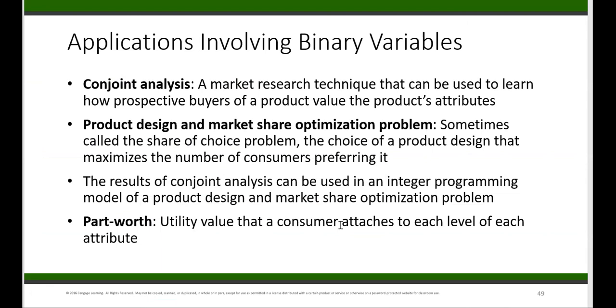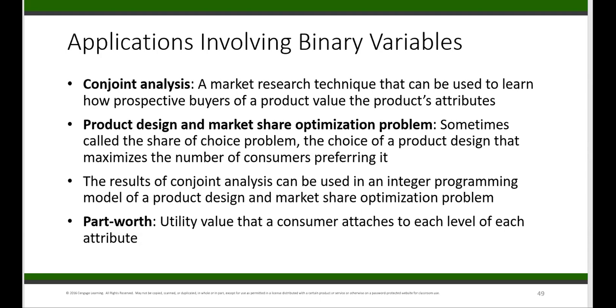And now you have an understanding of what we mean by each attribute and each level. Attributes are those characteristics of a product, basically the design features, and levels are the different values that each attribute or each feature can take, right?